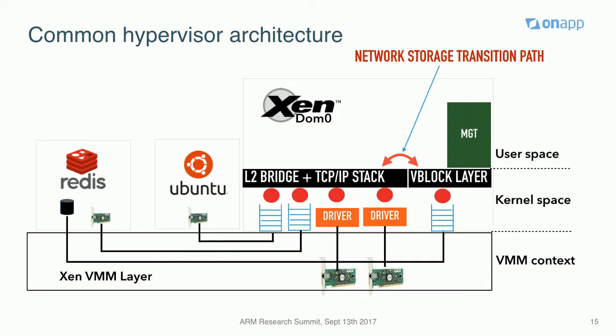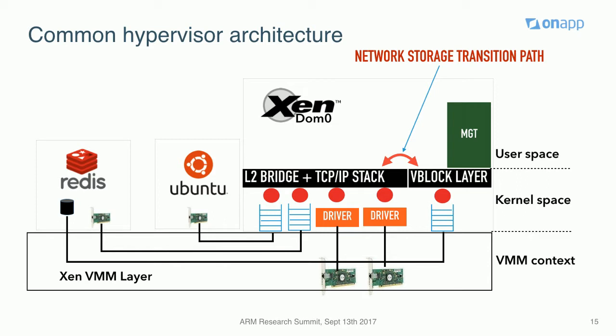And then we have a control management domain that handles the I/O multiplexing for all the paravirtualized I/O resources, and it is responsible for ensuring that the physical hardware I/O is efficiently presented to the guest virtual machines.